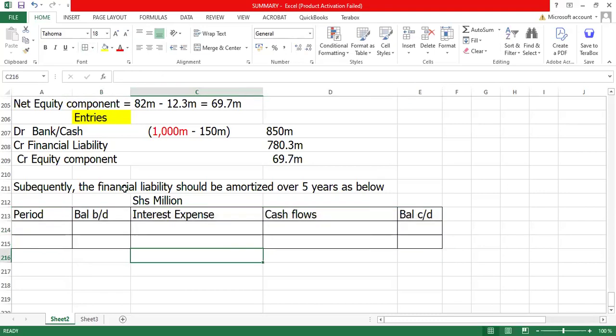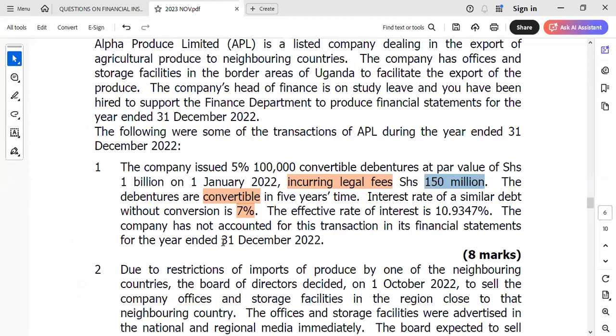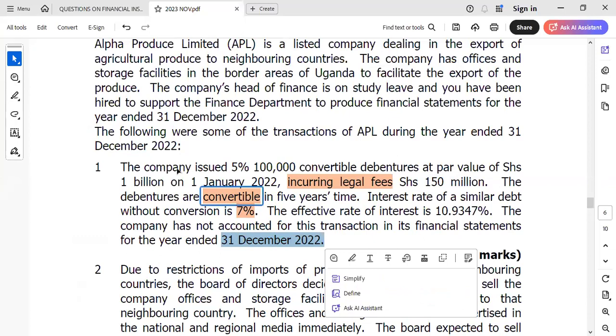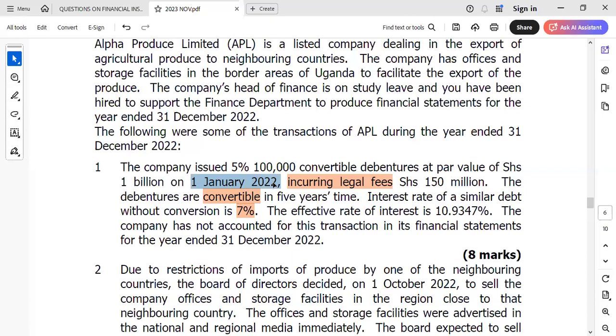Someone had a question in the chat: on which date are you preparing this? You're preparing your financial records on 31st December 2022. You issued a bond on 1st January 2022. So it's like 1 year. Here you're looking at only 1 year.